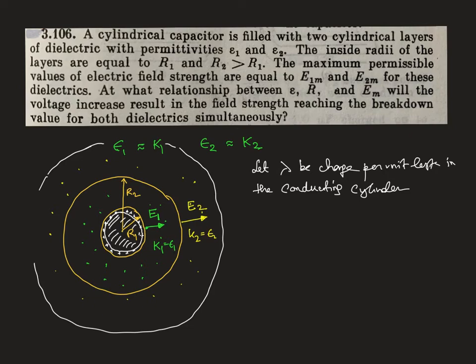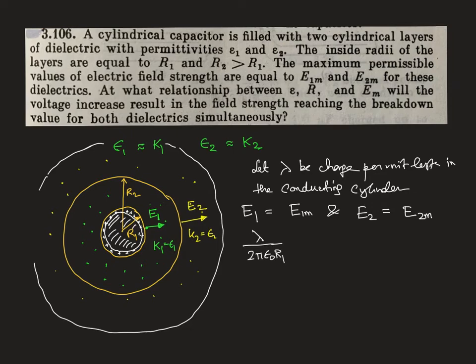So what we have to do is that this E1 will be equal to E1m, and simultaneously this E2, maximum field strength within dielectric K2, will be equal to E2m. These two will be simultaneously true. And what is E1? So E1 is this, lambda by 2 pi epsilon naught R1.